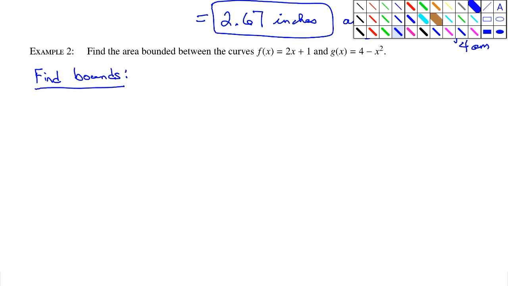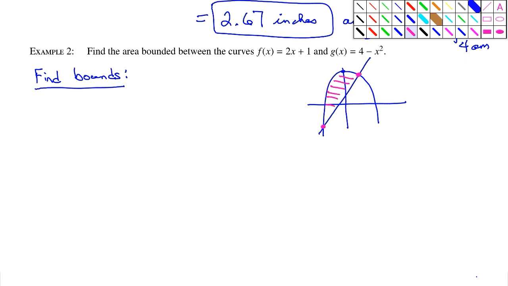Basically, we can look at the equations and see what they're going to look like. The 2x plus 1 is a line with a slope 2. And then 4 minus x squared is a downward facing parabola that looks something like that. And here we can see the two boundaries, here and here, and it creates this little region here.